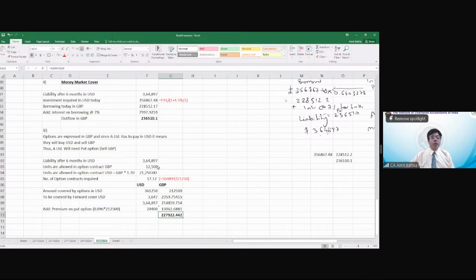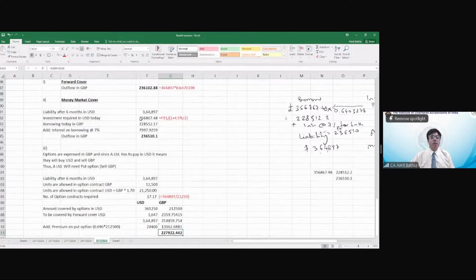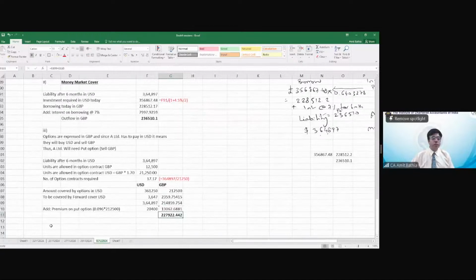Okay, now between the three options, which are the three options I have? 236,102, 236,510, and then I have 227,922. So which option is the cheapest with least outflow? Yes.